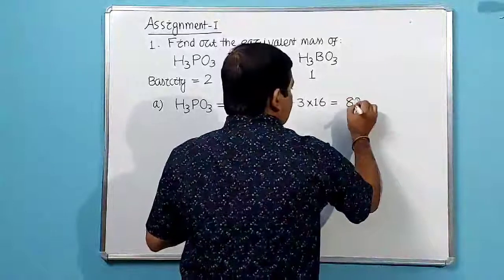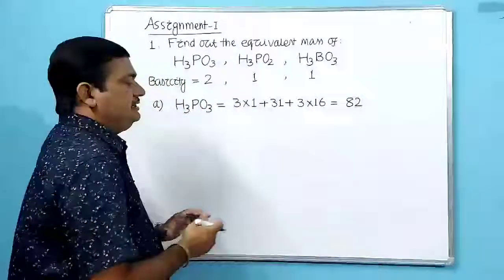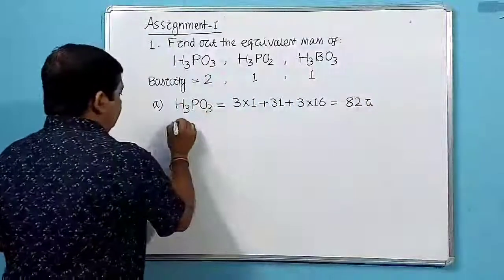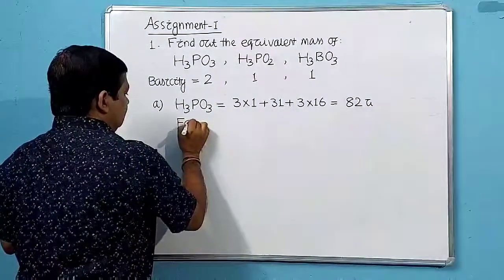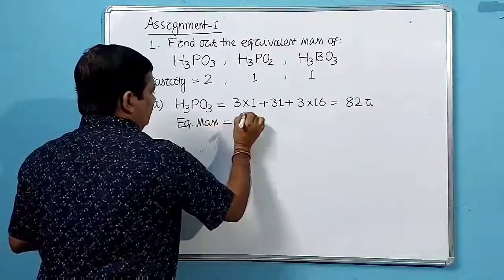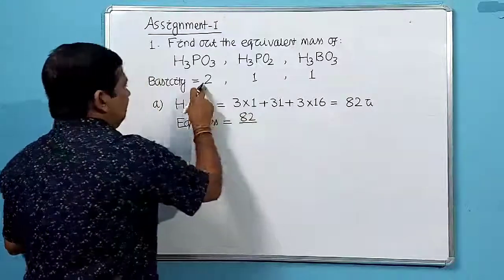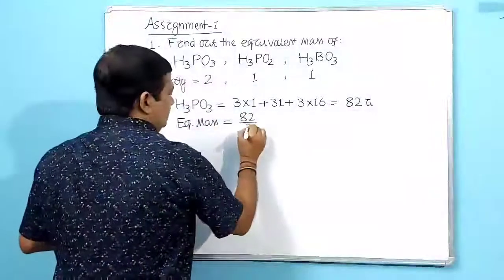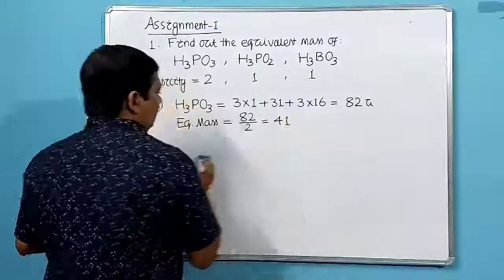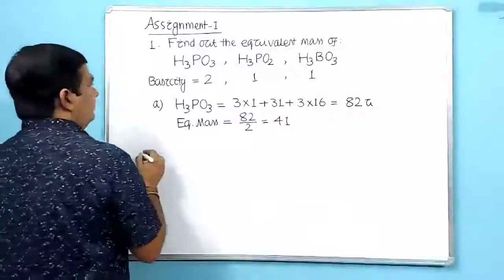The molecular mass of phosphorus acid is 82 U. Equivalent mass of phosphorus acid is 82 divided by basicity. Basicity of phosphorus acid is 2, so it will be 41. This is the equivalent mass of phosphorus acid.